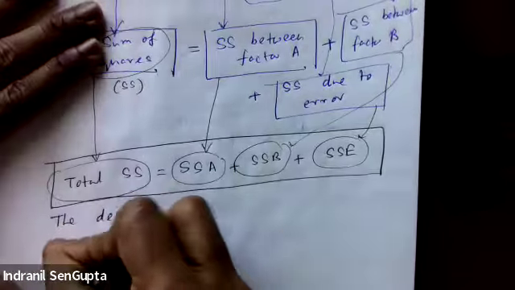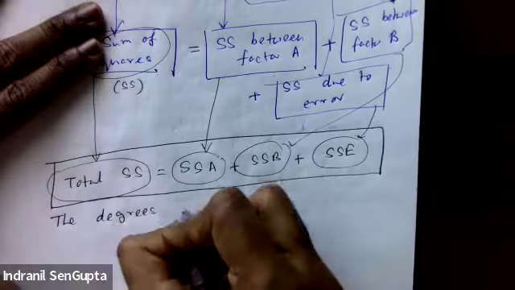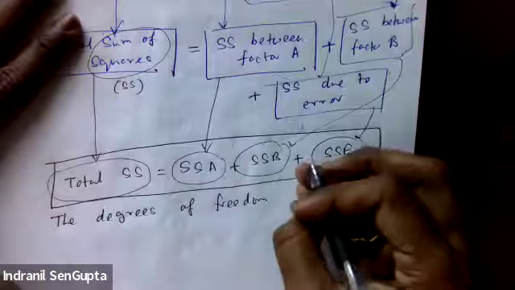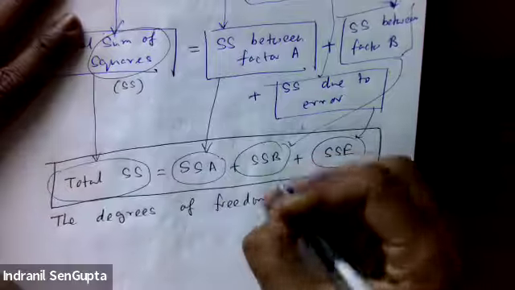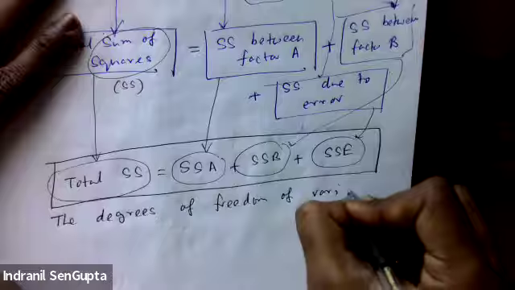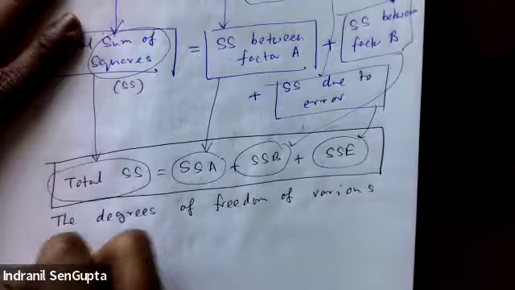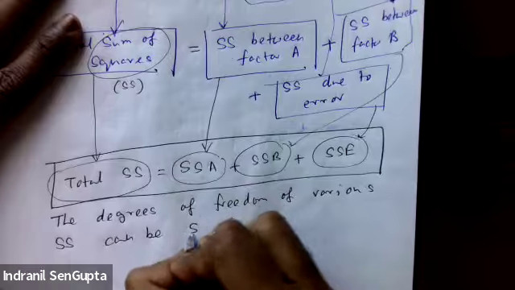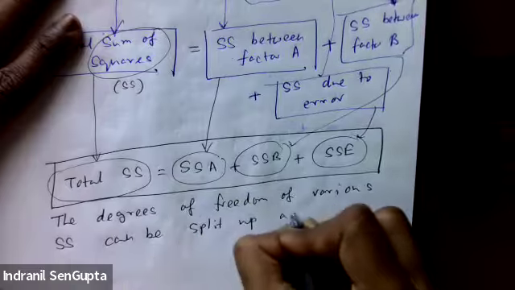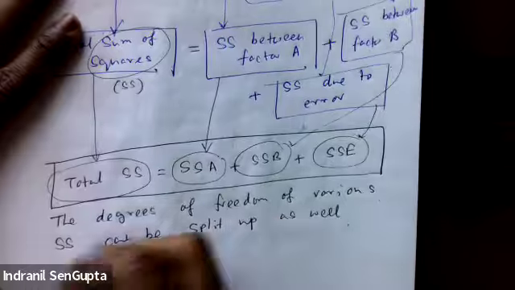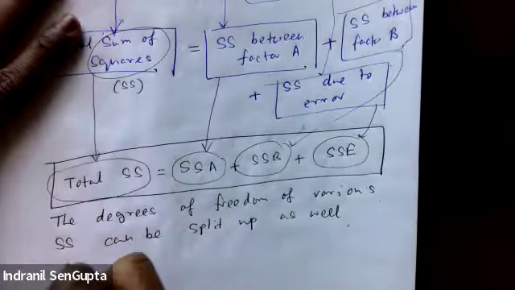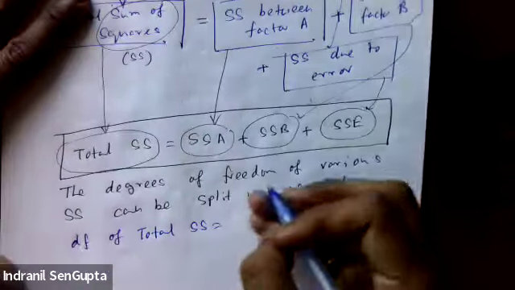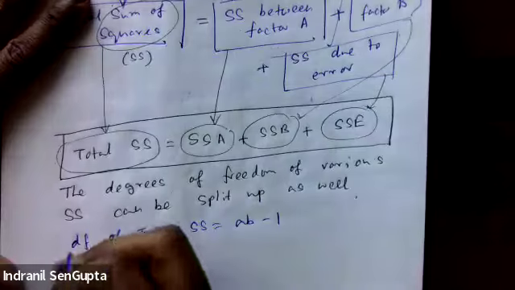So the degrees of freedom of various SS can be split up as well, meaning that the degrees of freedom of total SS is really AB minus 1.